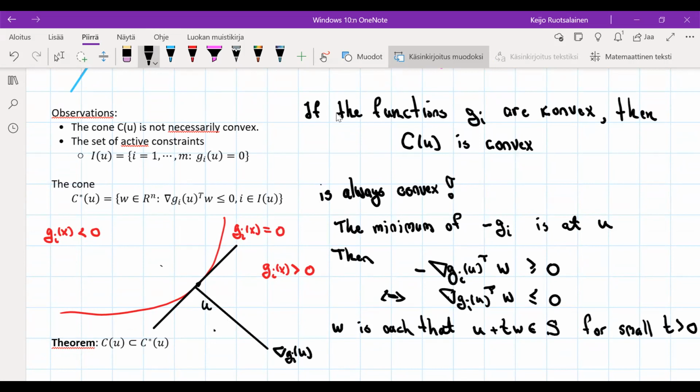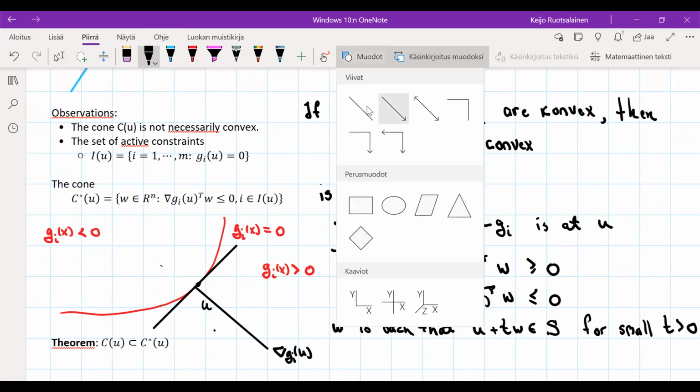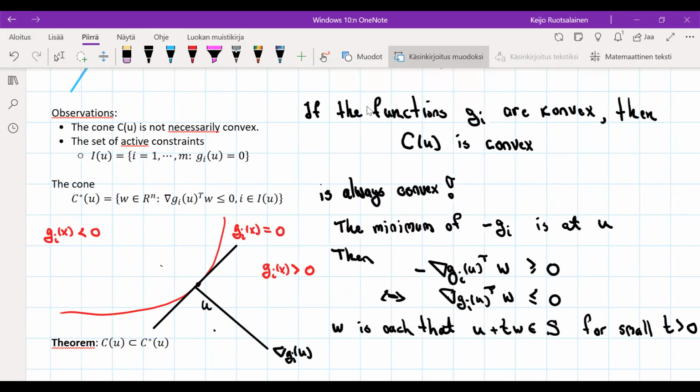Meaning that if I draw here the vector W, the angle between these two vectors is greater than pi over 2. So the scalar product must be negative.